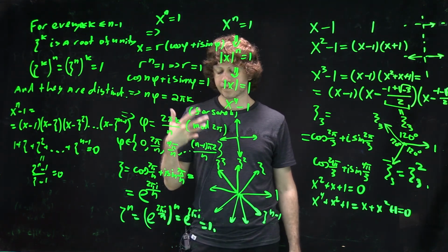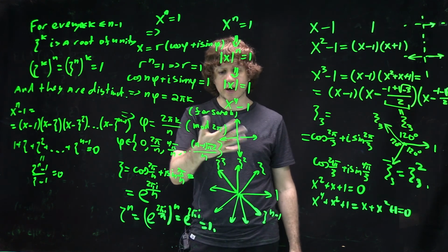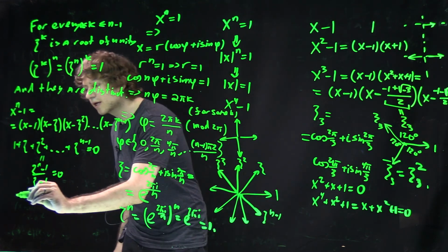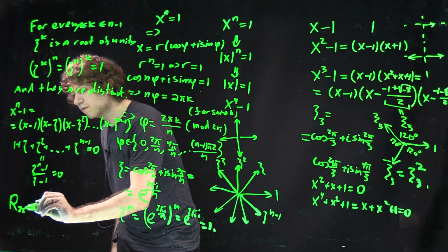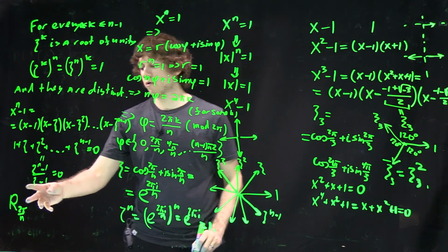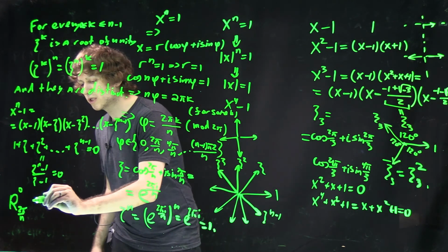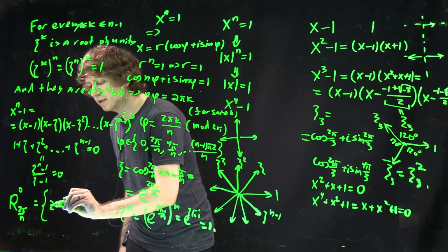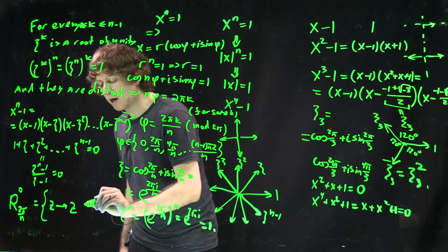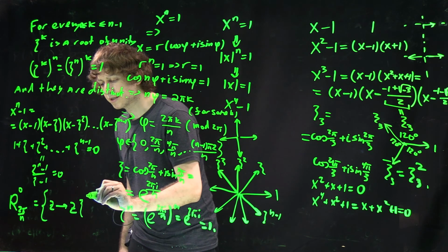And maybe another way to think about it is that if you take a rotation by angle 2 pi over n around 0, this transformation we discussed last time, it is just a transformation sending z to z times zeta.